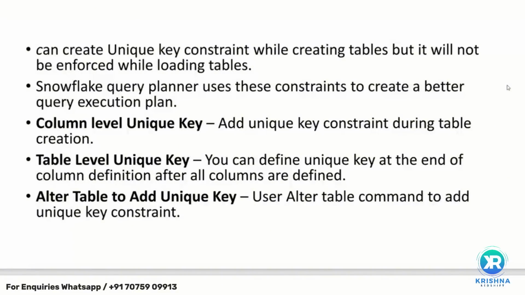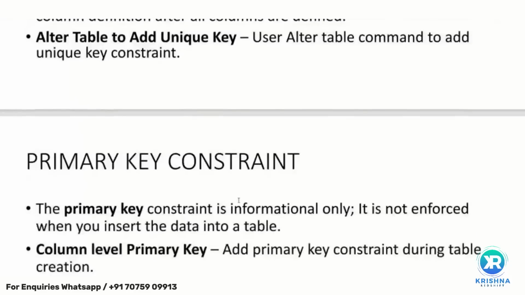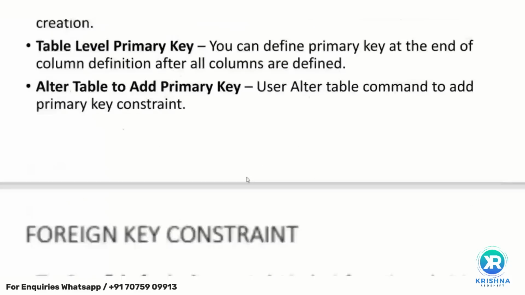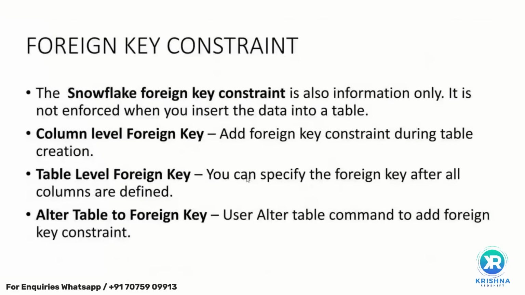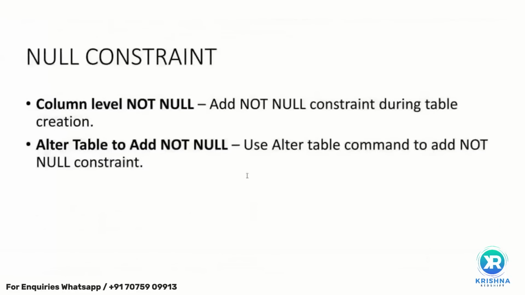If you want any uniqueness at the table level or column level, we'll define it. That's it. Alter table to add, these are all the same. Rename, these are all there, like any other constraints. Primary keys, foreign keys, these will all be the same. We don't need to explicitly say.